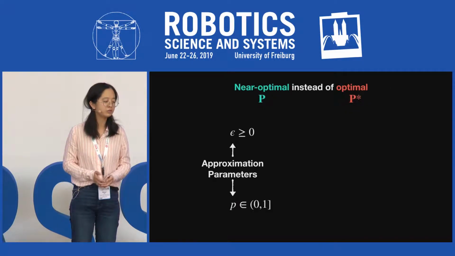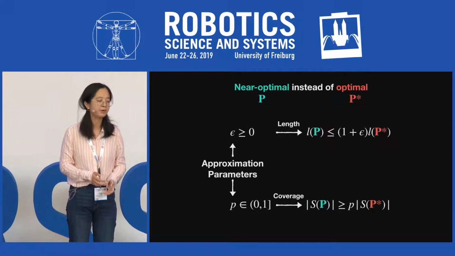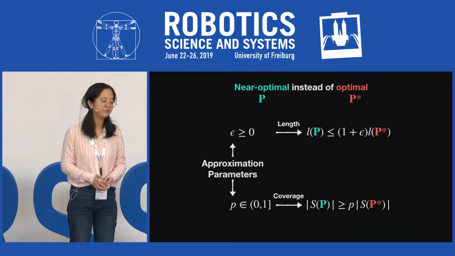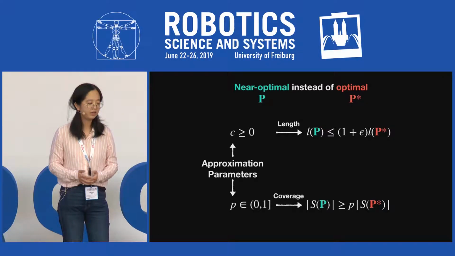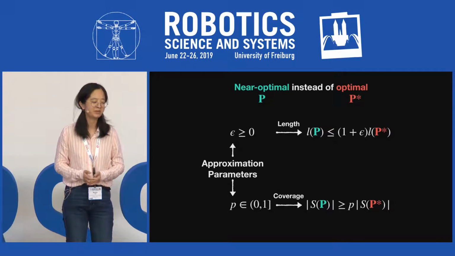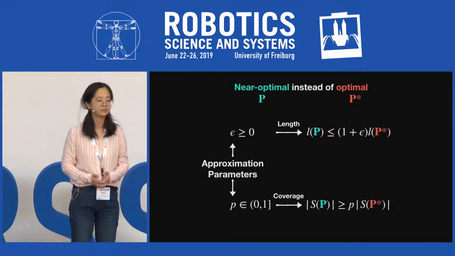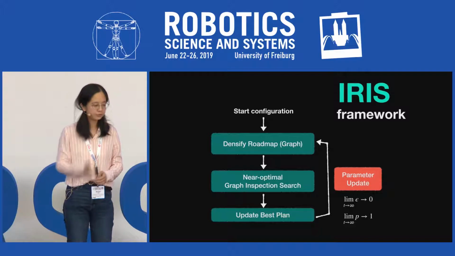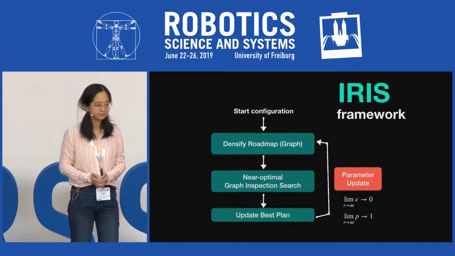Here we introduce two approximation parameters. Epsilon defines a relative upper bound for the plan length, and P defines a relative lower bound for the size of inspection coverage. We believe this is the main algorithmic contribution that could have applications beyond inspection planning. We do parameter updates between iterations to guarantee asymptotic optimality.